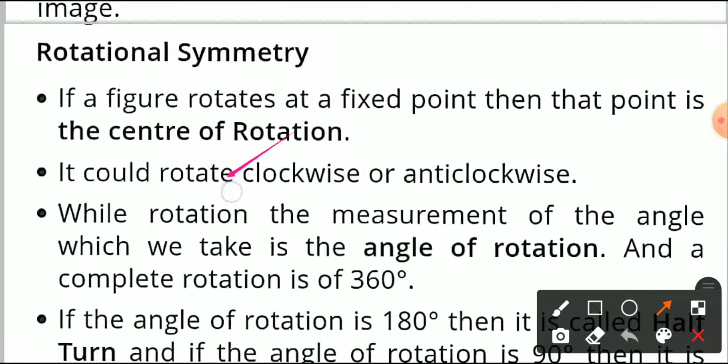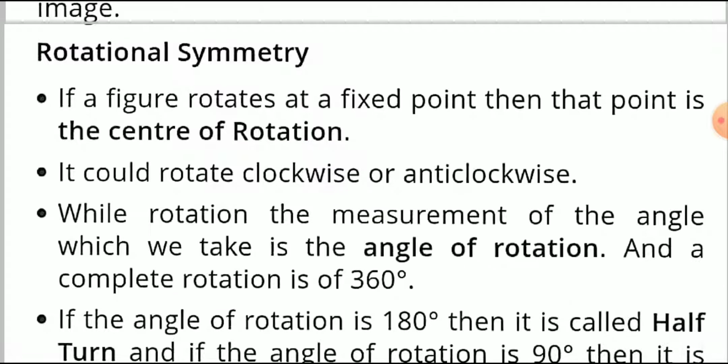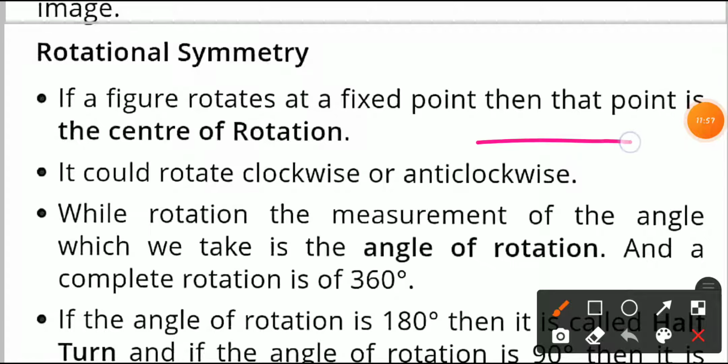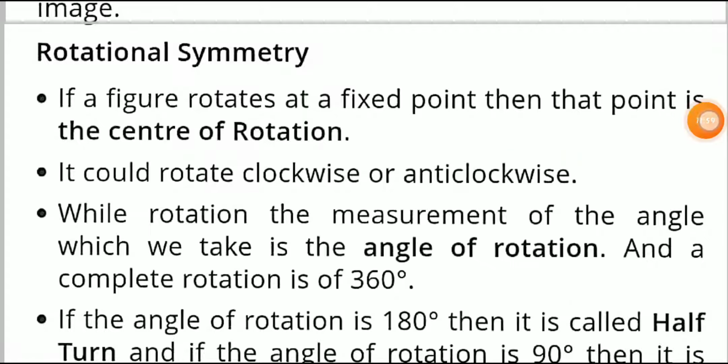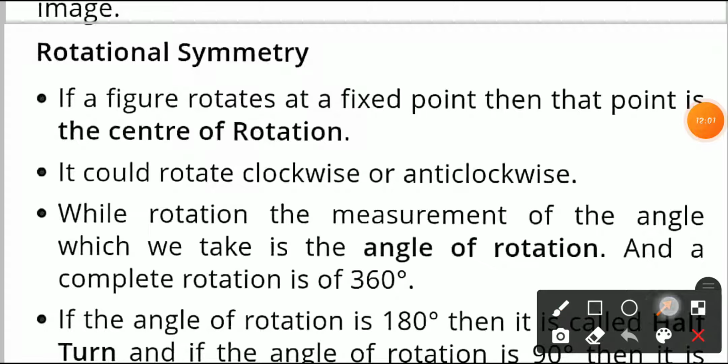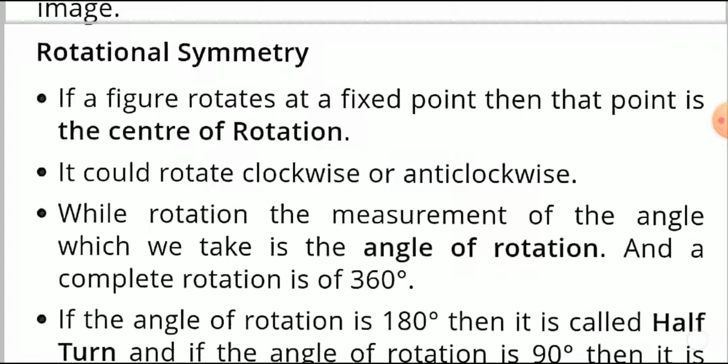This is anti-clockwise and this is clockwise. Clear? Take an example of this arrow. This point is known as the center of rotation because it will rotate from this point. Clear?